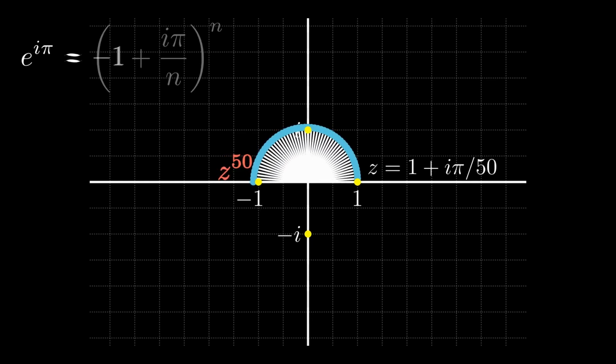And generally, e to the it rotates around the unit circle at unit speed. So e to the i pi wraps halfway around the circle and coincides with -1. That's Euler's formula. We can say that it reflects the geometric interpretation of complex numbers as points on the Euclidean plane, or vectors from the origin to that number.